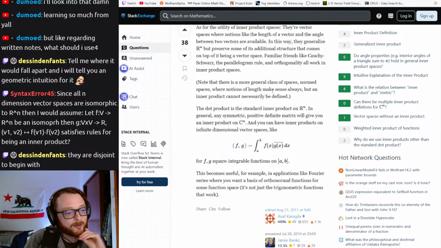As soon as we say isomorphism, I only have like a 1% idea of what's happening.